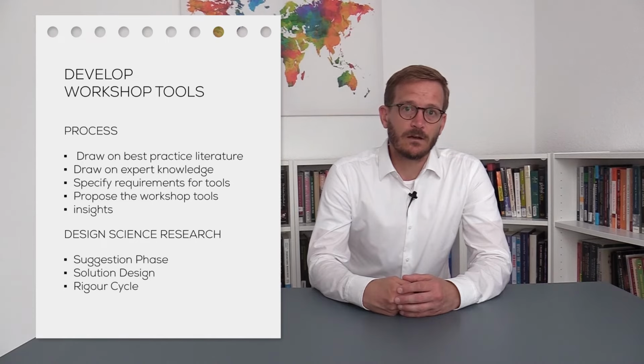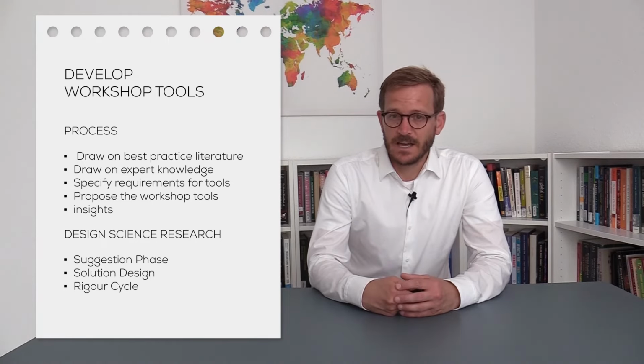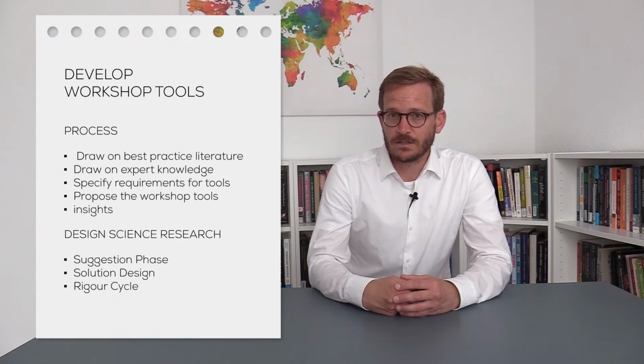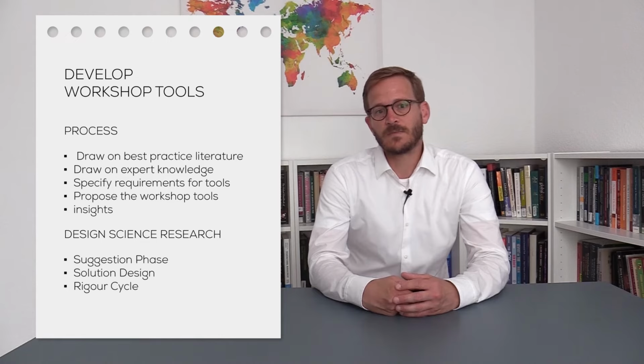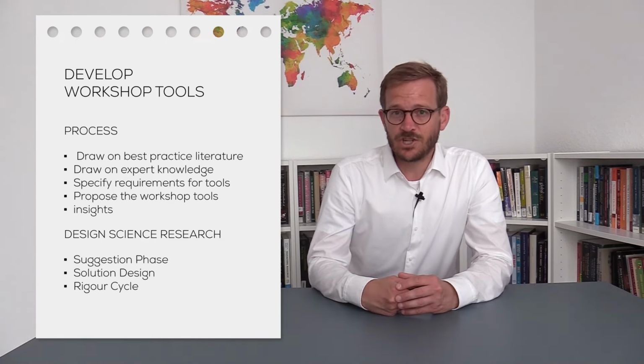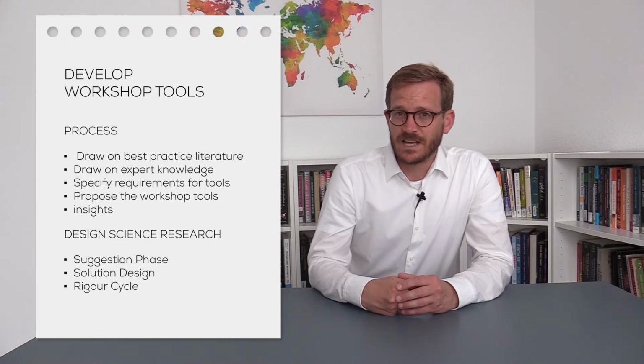if we're using common templates for designing canvases, for example, for developing personas, or ensuring that there is a value proposition fit between the product and service and the customer segment that we're addressing. In terms of design science research, here we're looking at the suggestion phase of the project, and in particular solution design.